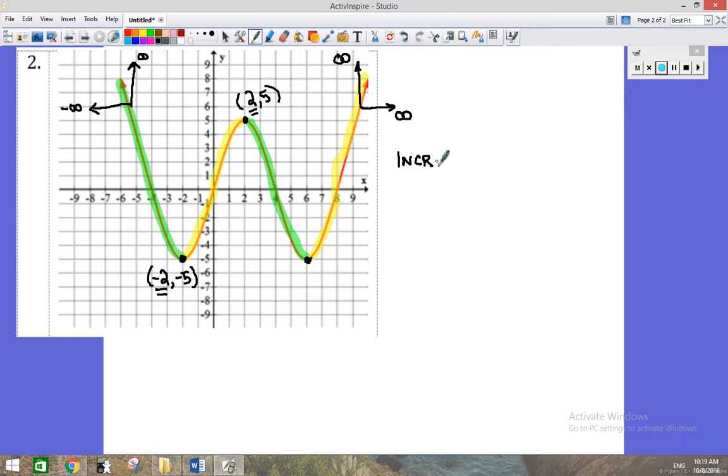My function is increasing. As x increases, y also increases. That's happening here. X is increasing, y is increasing. That is happening where I have shaded in yellow. Alright, so the first interval here is going from x equals -2 to x equals +2.